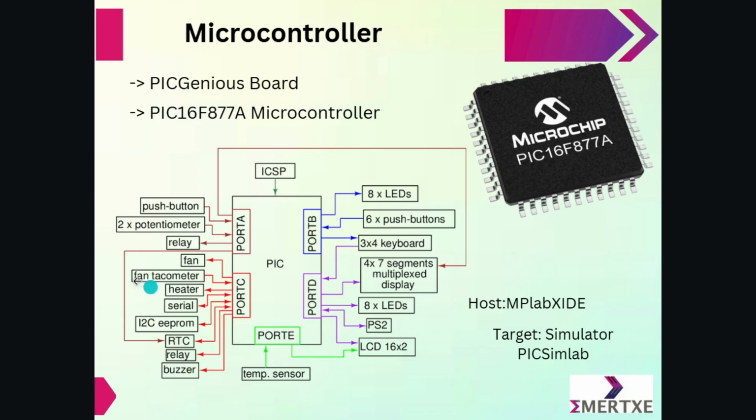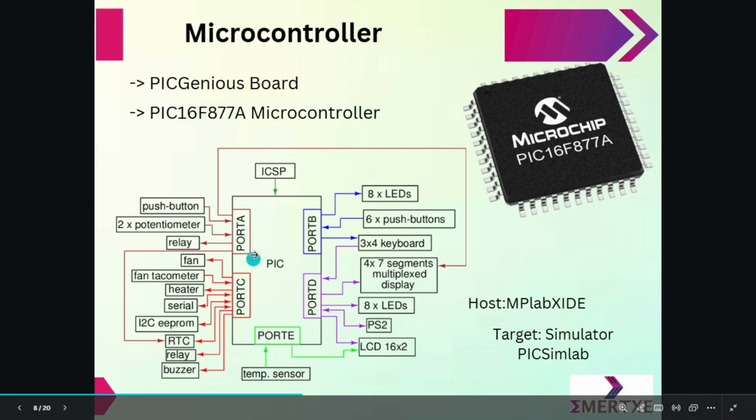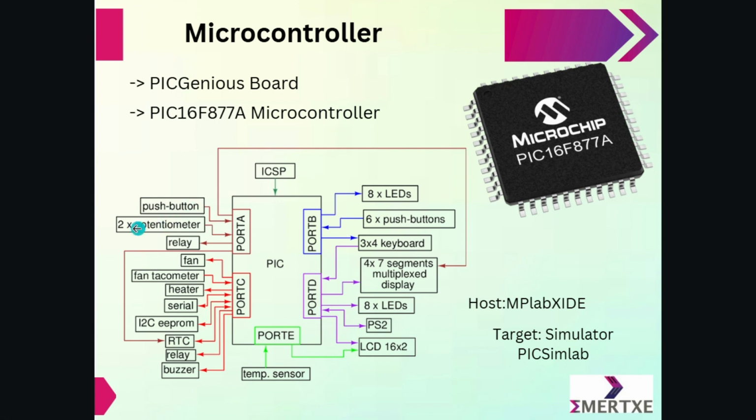See here, we have 5 ports. We use port A for push button and potentiometers and relays, and also for RTC, and port B is used for LEDs and push buttons and keyboard.